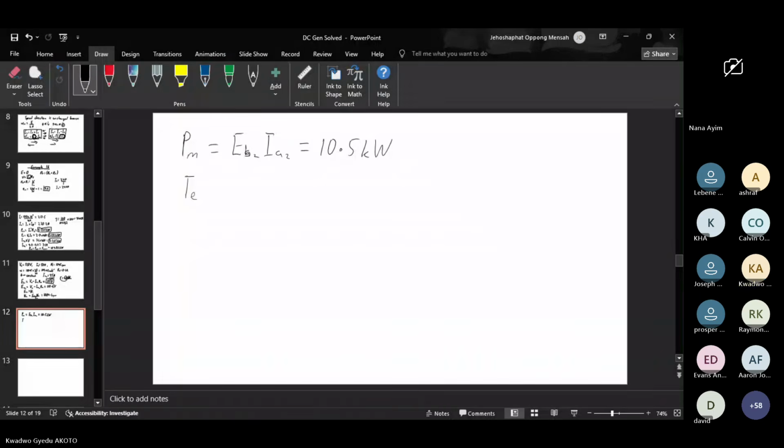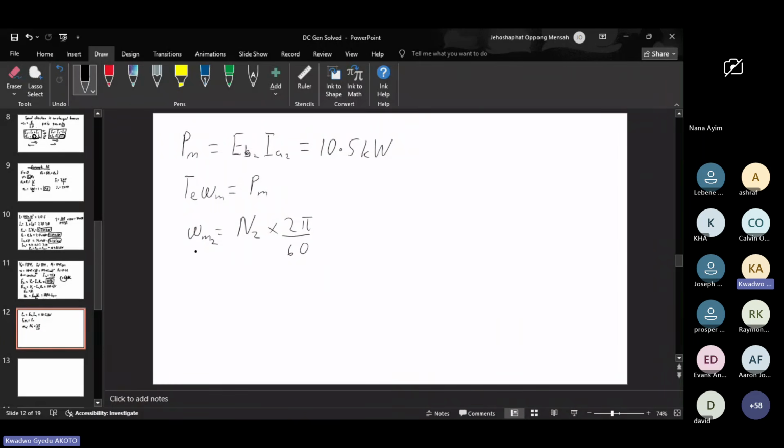And we know that TE omega M is equal to P mechanical, right? But with this one, please change your speed to radian per second. We know that omega M2 is equal to N2 times 2 pi on 60.